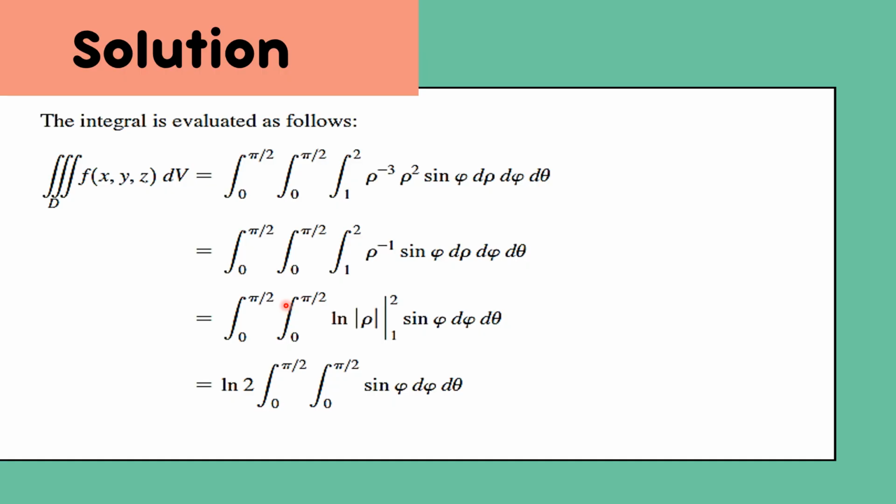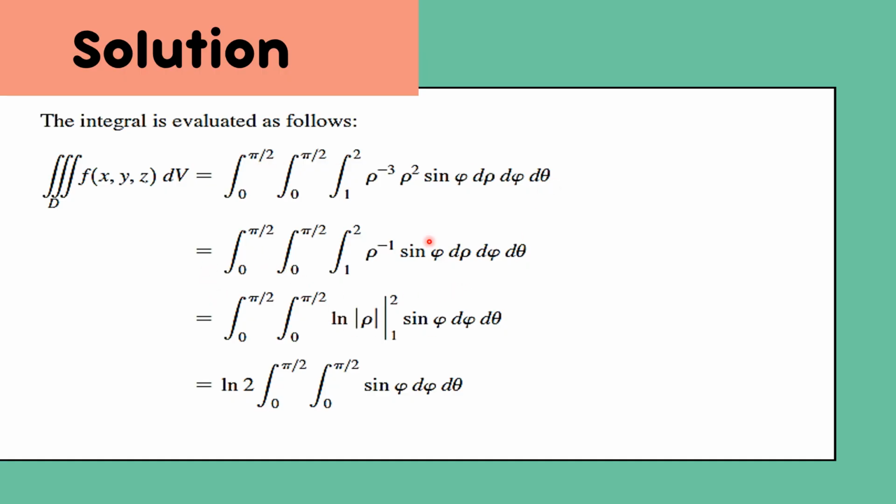Having been informed of the limits of the integral, we can now evaluate the integral as follows. The triple integral of f of x, y, and z with respect to V equals the triple integral of rho raised to negative 3 times rho squared times sine of phi, bounded from 1 to 2 with respect to rho, 0 to pi over 2 with respect to phi, and 0 to pi over 2 with respect to theta.